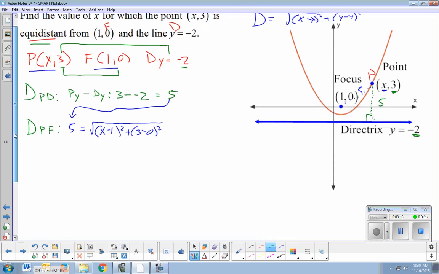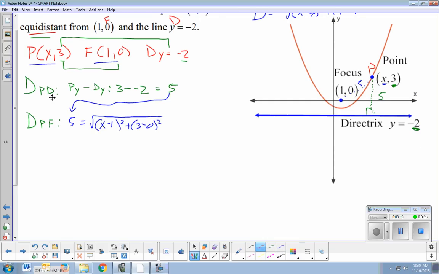Now, we learned in the previous chapter that I could get rid of this giant square root here by simply squaring both sides, and that'll make the problem a little bit easier to work with. So 25 equals x minus 1 squared plus 3 minus 0 squared.